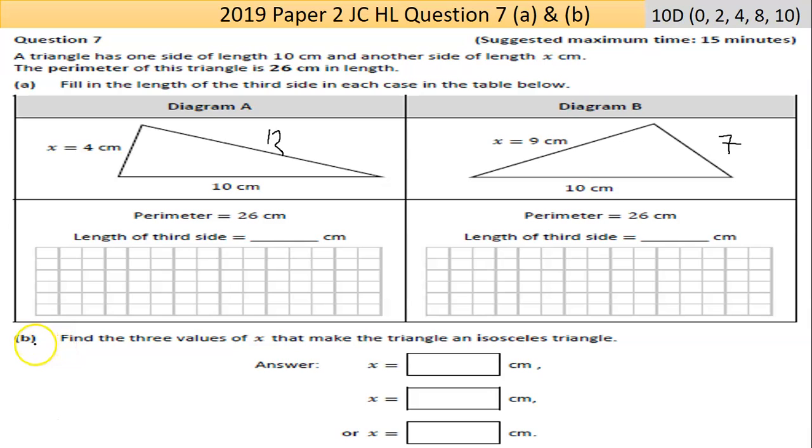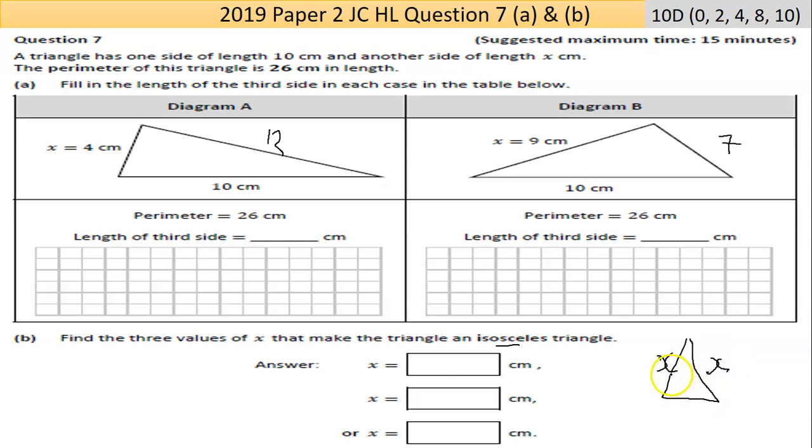Now I'll go back. Part B says find the three values of x that make the triangle an isosceles triangle. An isosceles triangle, so we're pushing into a bit of geometry here, has two sides of equal length. If that's side x, that would also be side x.